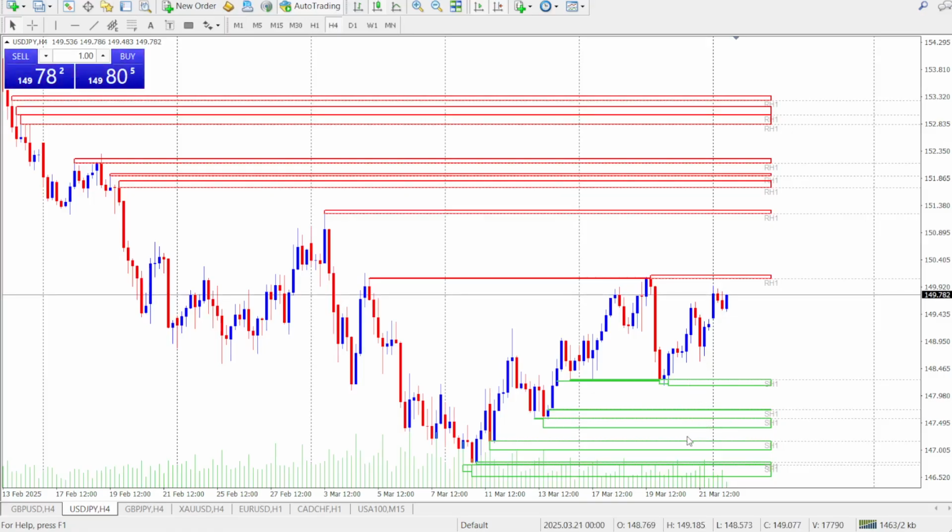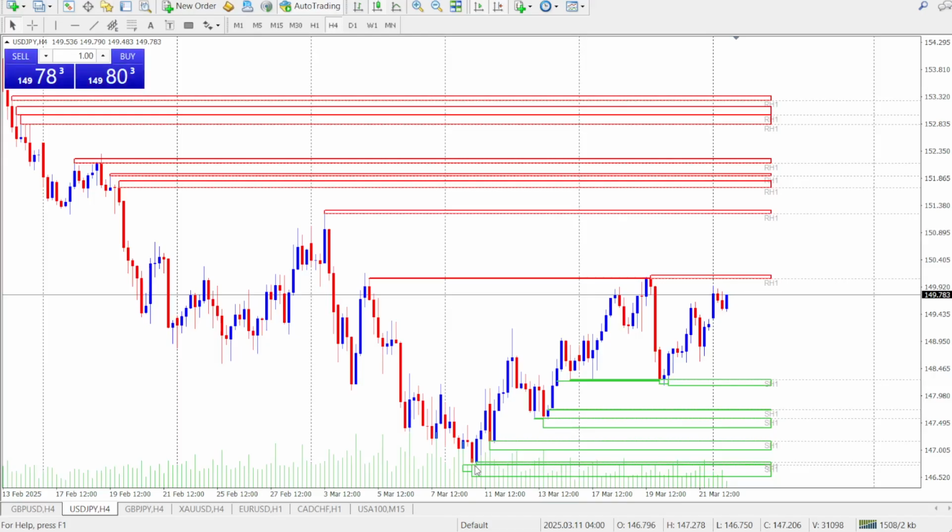So how does this indicator work? Basically, it's super easy. As you can see, the functionality of the indicator is straightforward. It identifies high probability support and resistance areas and marks them using color-coded bars. Green bars represent support zones where price has a higher chance of bouncing up. You can see a bounce that happened here, here, here, and here.